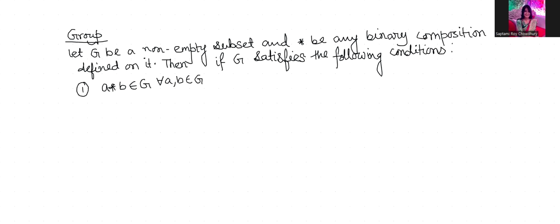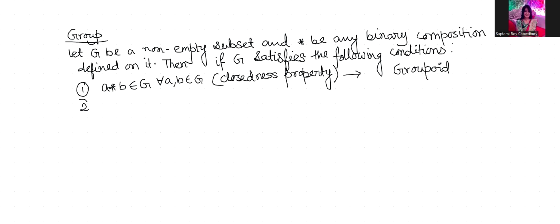This is the closedness property, or you can say the closure property. If it is true, then we call it a groupoid. This is the term if rule number 1 or condition number 1 is satisfied.